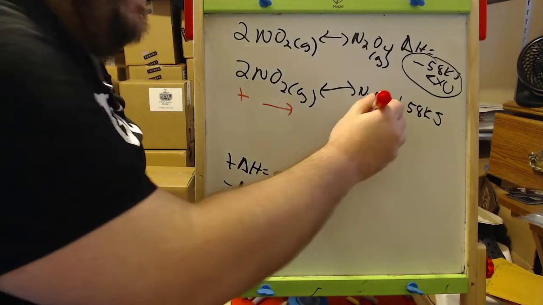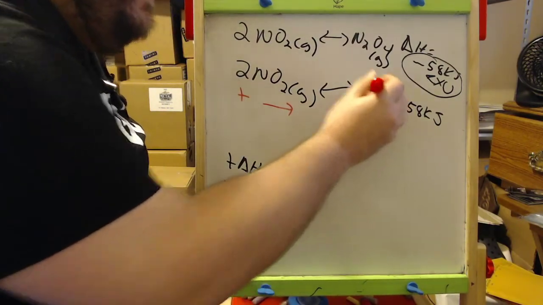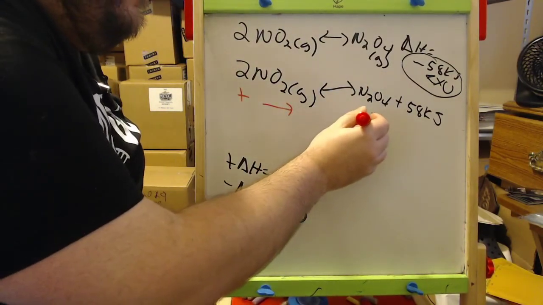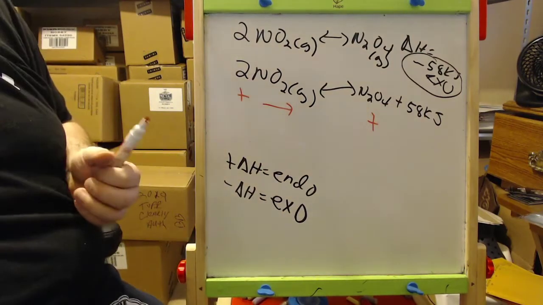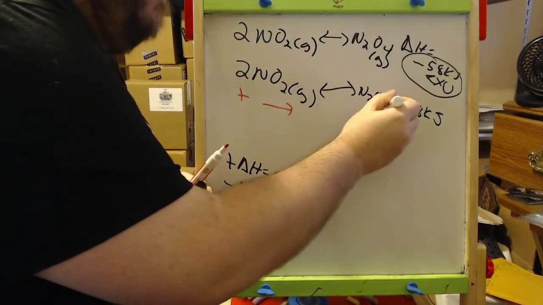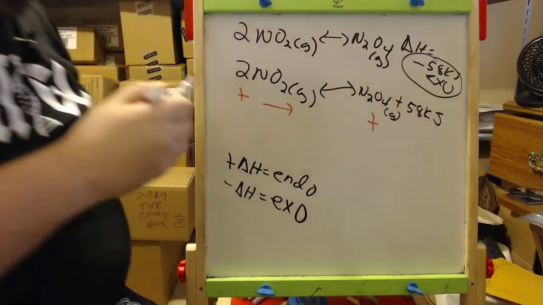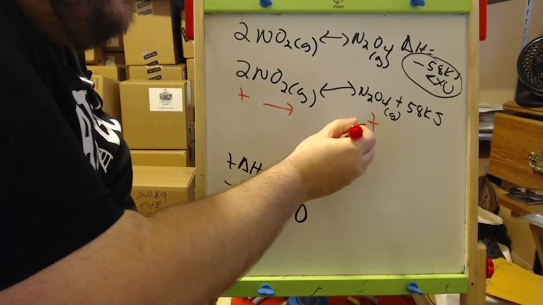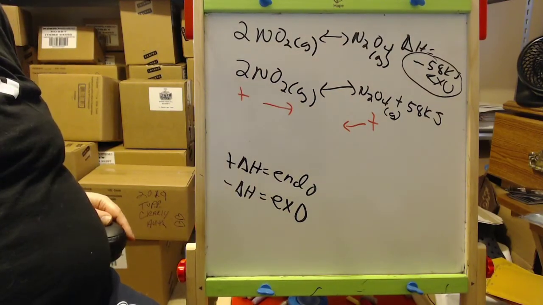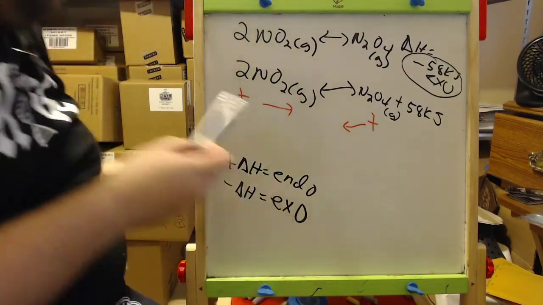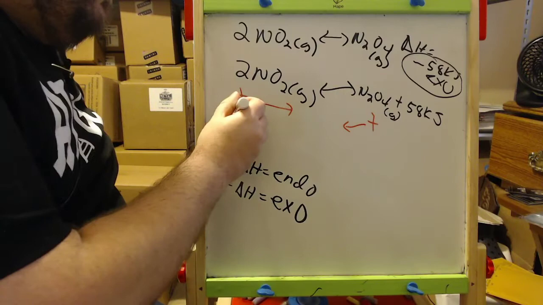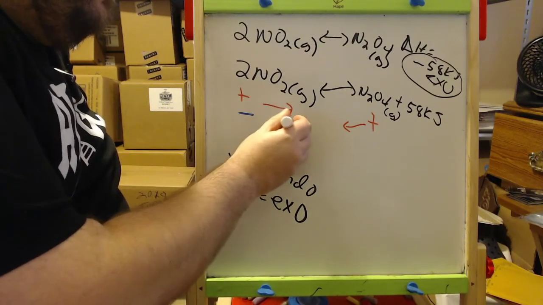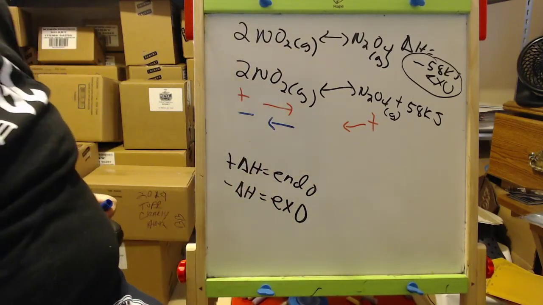If I were to add N2O4, just for completeness, let me put the G up there for my OCD, I would shift this way. If I were to remove NO2, I would shift that way.